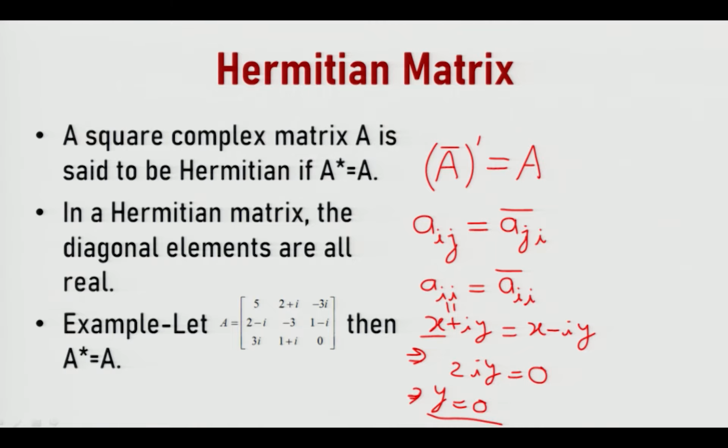Now see here one example. A is given, and we can show that A star is equal to A, that is, A is Hermitian.